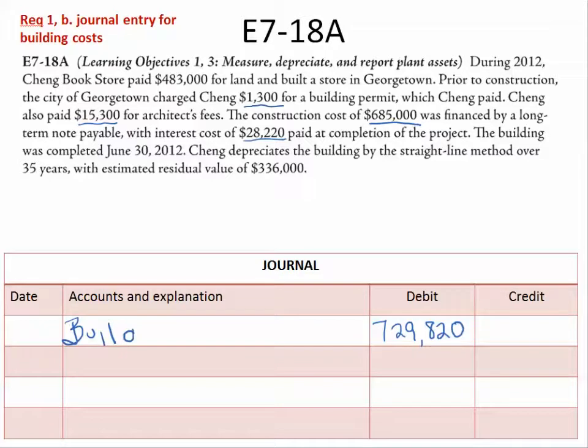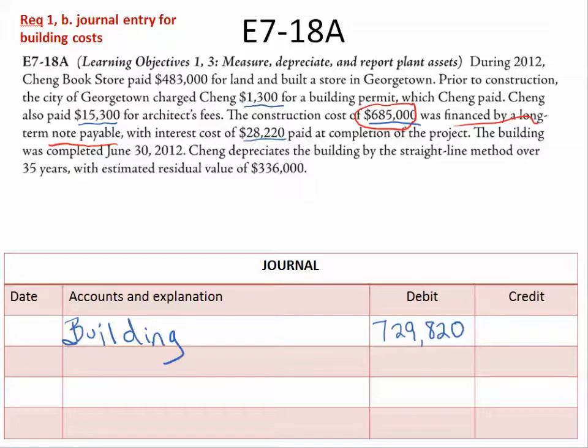So I'm going to debit this. Building is an asset, it's a plant asset. Now my credit, let's see how we paid for it. We paid the construction cost of $685,000, financed by a long-term note payable.